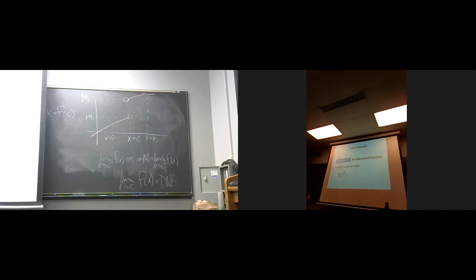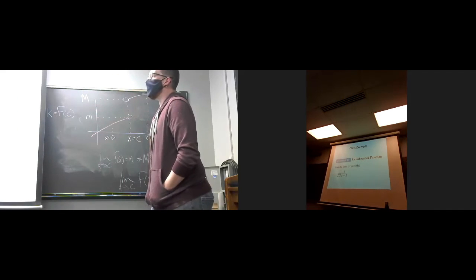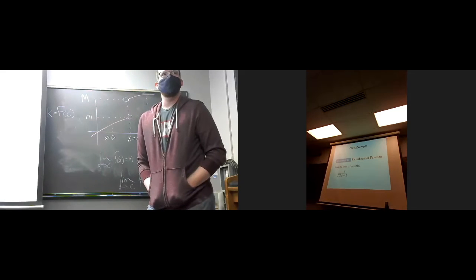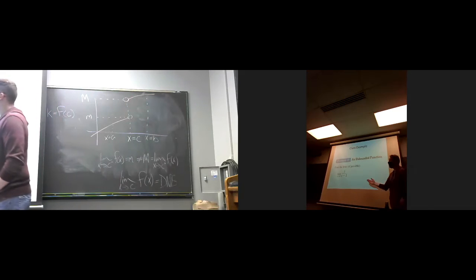There's not a clear-cut way of clearing that up, is there? So what do we think? Well, what happens as we get close to 2? Our function coming from the left is going to get close to negative infinity. And coming at it from the right, it's going to get close to infinity.